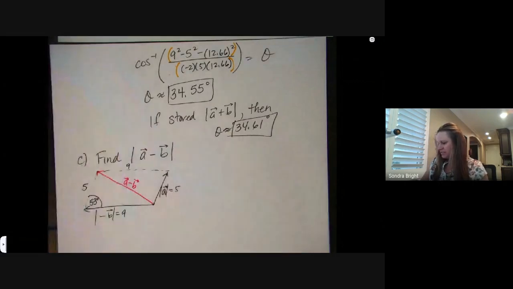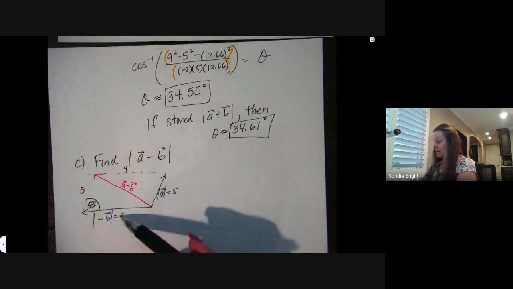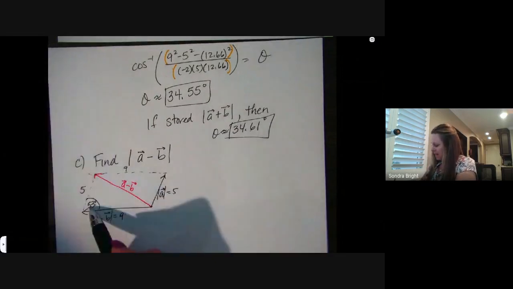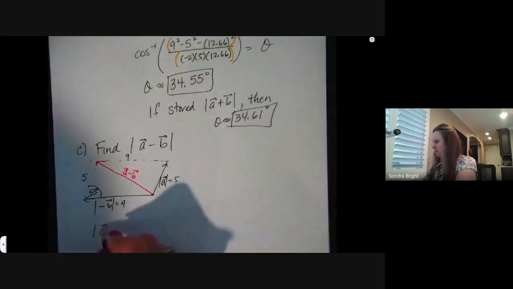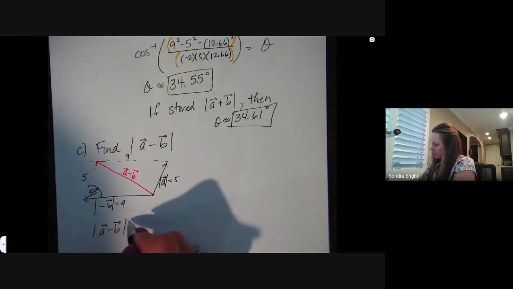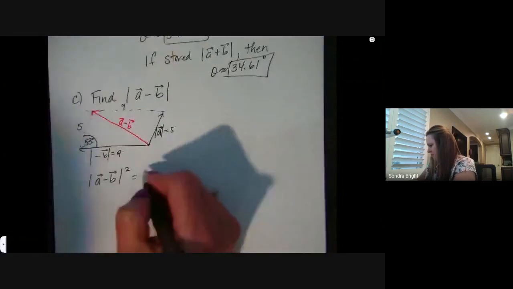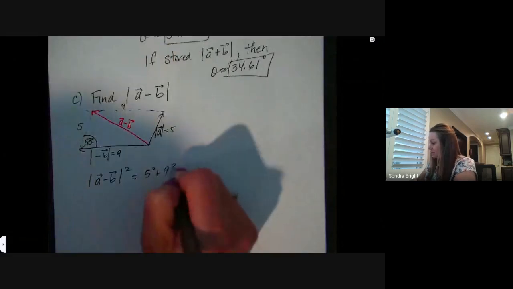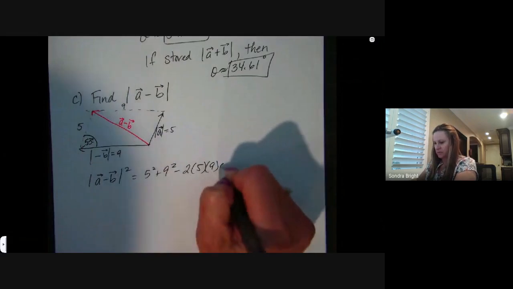I've got this triangle right here, side, angle, side. And this time I'm using the 53 degrees. So the magnitude of A minus B, quantity squared, is equal to side squared plus the other side squared minus 2 times the side times the cosine of the angle in between them, which is 53 degrees.